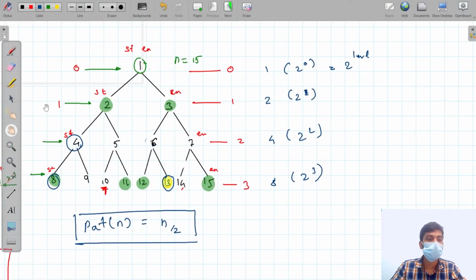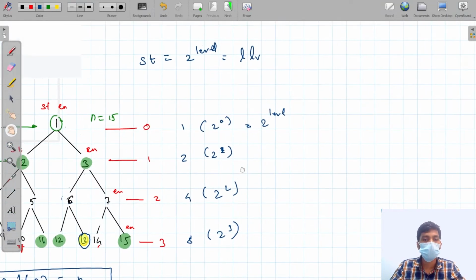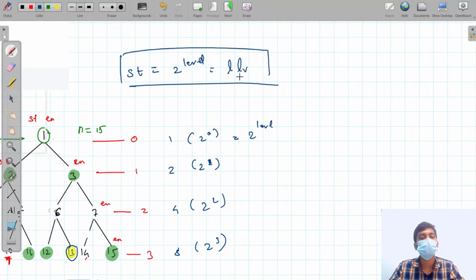Here you can see that the value of the last level is 4, that is the last perfect exponential value of 2. This 8 is nothing but in this level the last perfect exponential value, right? So first we have derived this, that is 2 raised to the power level. This is going to be one formula, and we just name it the last level value, right?